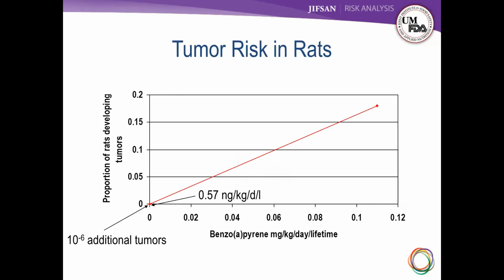Okay, so if you could imagine, if we were being very fine here and I could identify 10 to the minus 6th on this vertical axis, and if I could look over to the curve and drop a perpendicular down to my horizontal axis, that would be 0.57 nanograms per kilogram of body weight daily for a lifetime. That would be the value of the dose that we just identified.